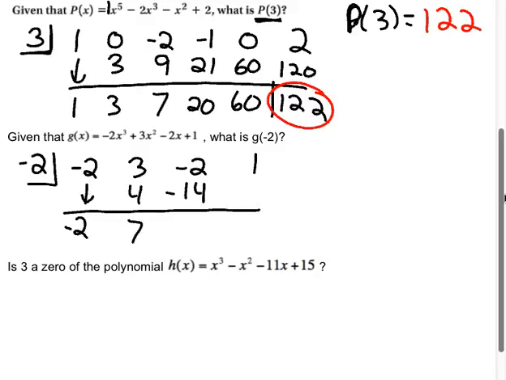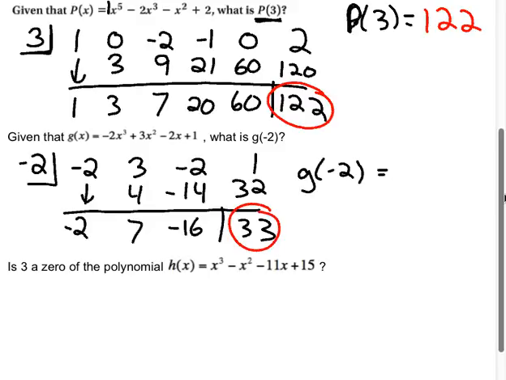Multiply by the negative 2, add. Multiply by negative 2, and add. So you can actually see just how quickly you can run through this. So g of negative 2 is just going to equal that remainder.